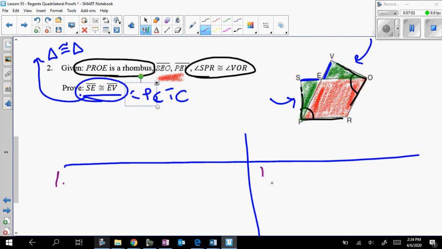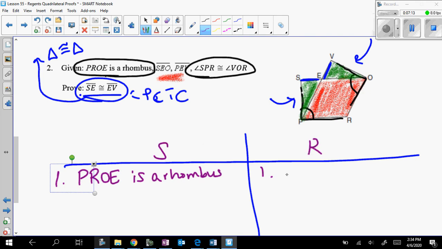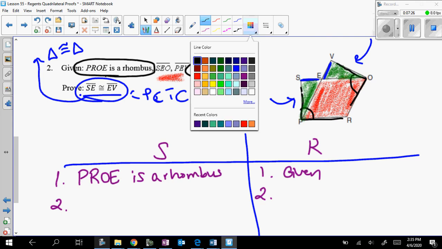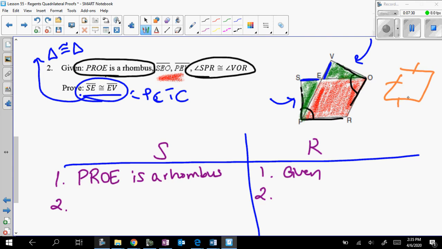Well, let's begin. We've got a rhombus. PROE is a rhombus. So hopefully you have in your head some rhombus facts that you can talk about so that you can get pieces congruent. One of the first facts you should be thinking about is that rhombuses have all sides congruent.